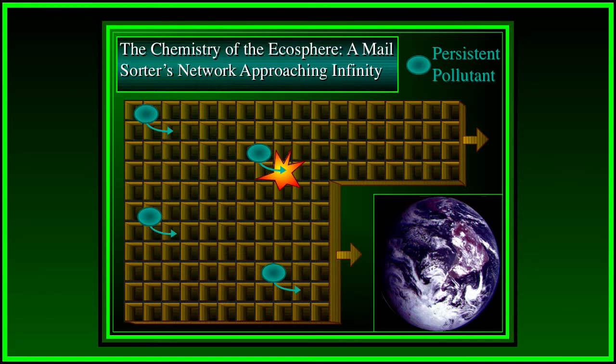An environmentally mobile persistent pollutant can move from compartment to compartment, sampling a large number and finding those compartments that it can perturb. Many perturbations may be inconsequential, but others can cause unforeseen catastrophes, such as the ozone hole, or some of the manifestations of endocrine disruption that we'll hear much about.